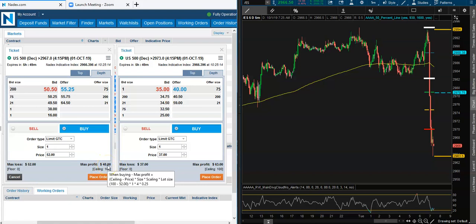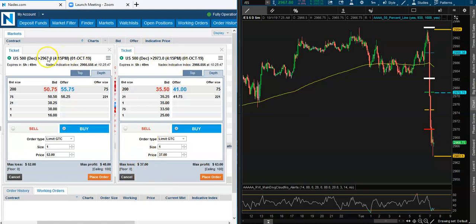And the max profit would come essentially if we close above 2967 at 4:15. We would make full max profit and the contract would expire and go to cash. So we'd get back our 52 plus our 48. Okay. And same thing here.